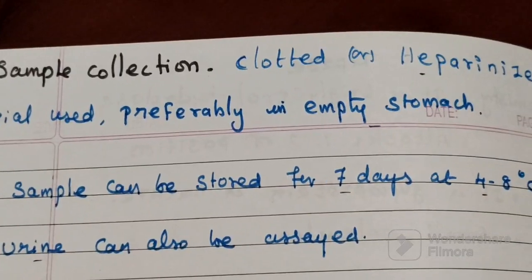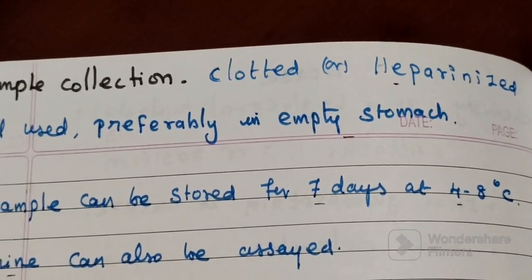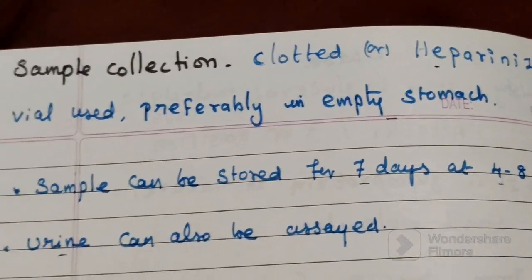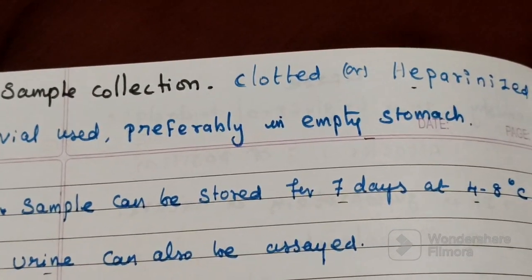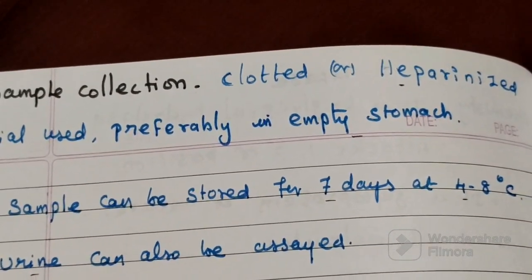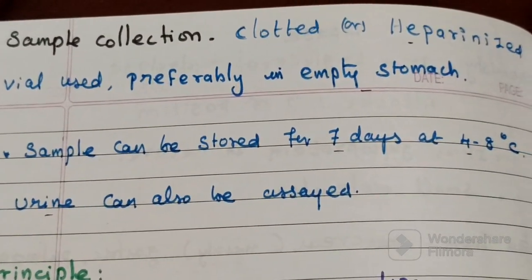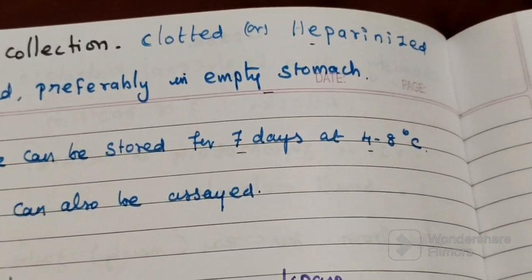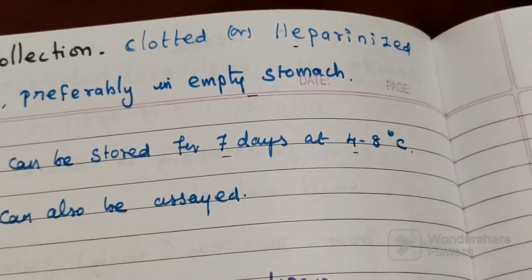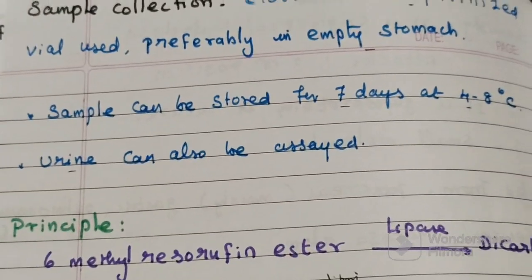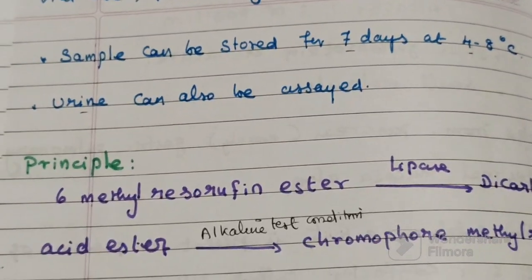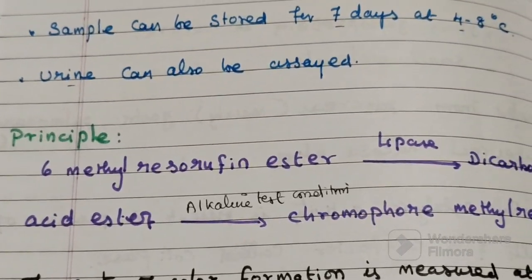Sample is collected using clotted or heparinized vials, mainly on an empty stomach. Then samples can be stored for 7 days at 4 to 8 degrees Celsius. Urine sample is also used.